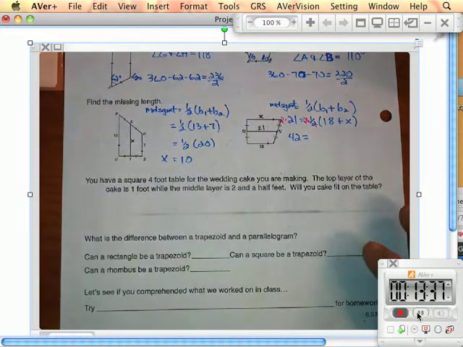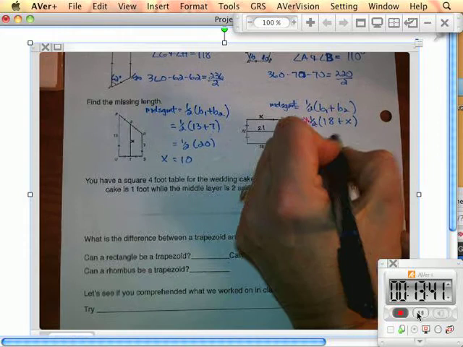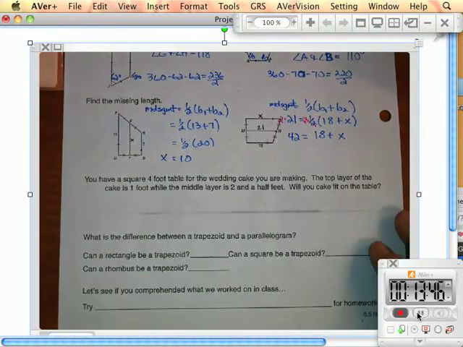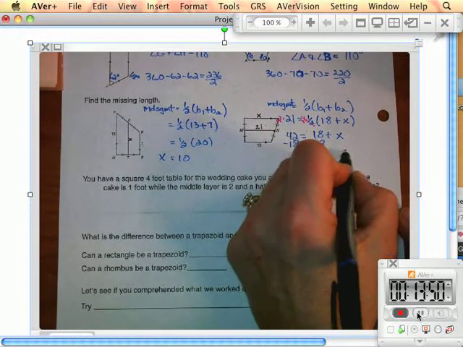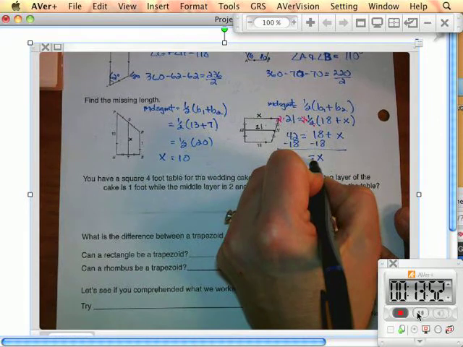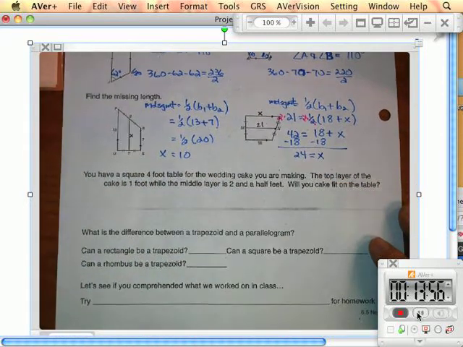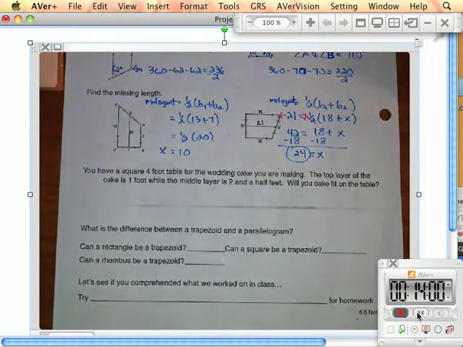The parentheses don't mean anything anymore. And I can just write 18 plus x. Subtract 18. Anybody do that in your head? What's x equal? 24. X equals 24. Okay? So you'll have some problems like that.